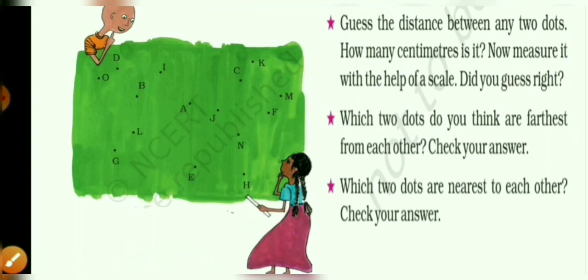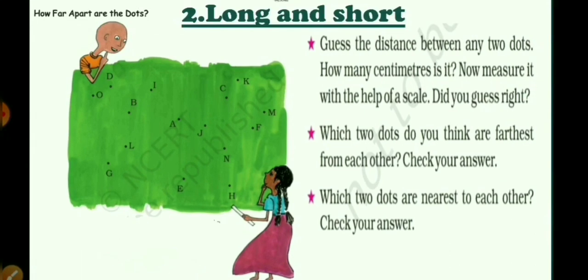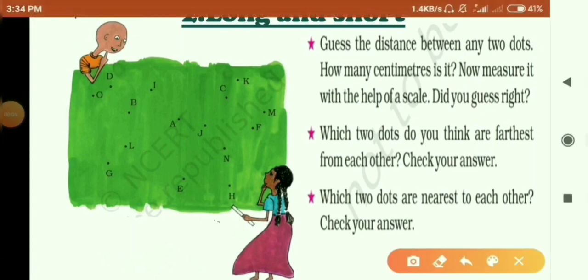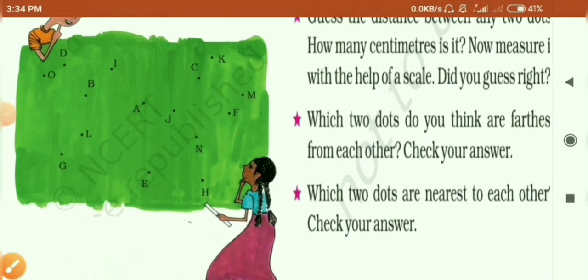It means they are asking us whether your guess is right or not. If you guess the distance and the measured distance are both the same, then you are right. Now, second question.